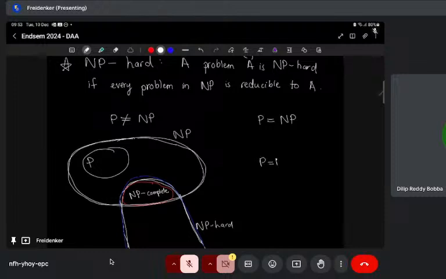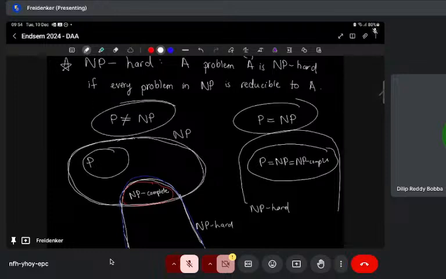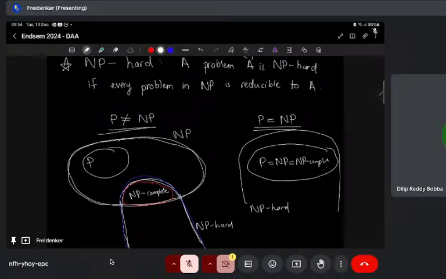In that case, P is equal to NP, and that would also make it equal to NP complete. So this would look like this, and then you will have NP hard as well. I mean, answering this is a $1 million question. So I won't be covering the solution, else you all will take the $1 million, right? So I won't tell you the solution.